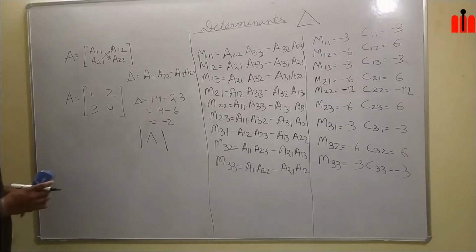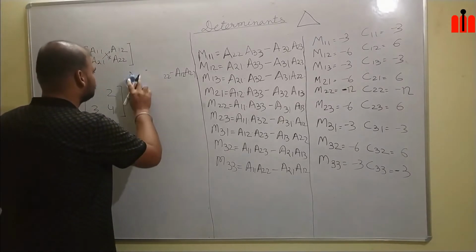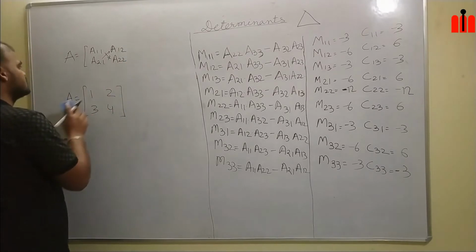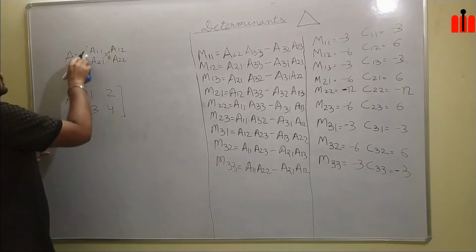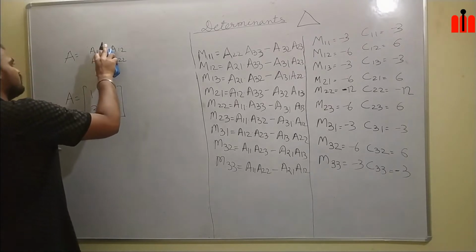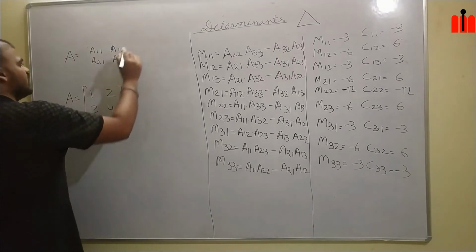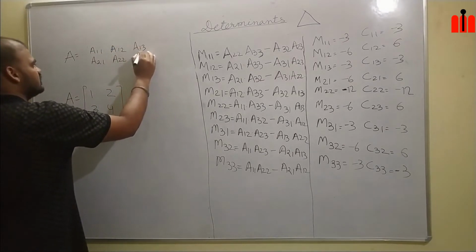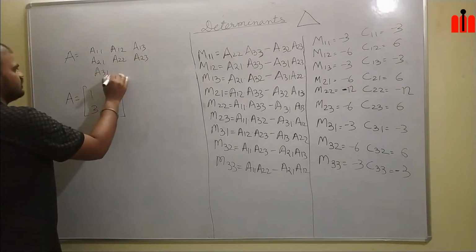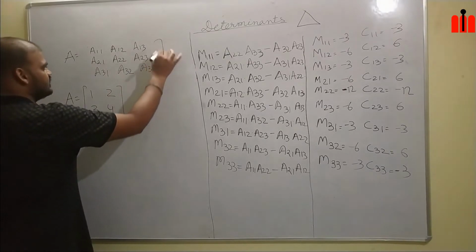Now let's move on to the 3 by 3 matrix. My matrix will be A11, A12, A13, A21, A22, A23, A31, A32 and A33.